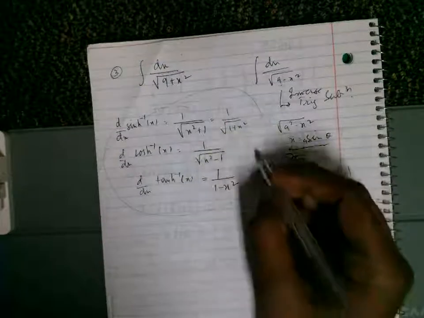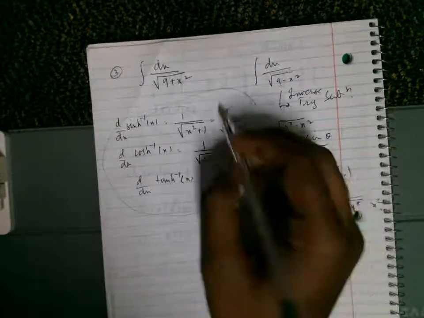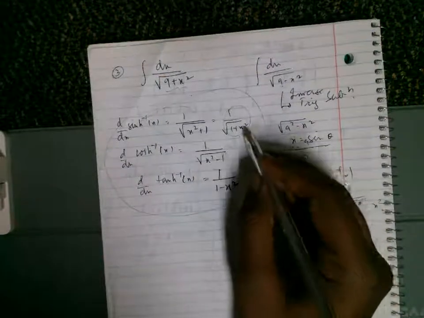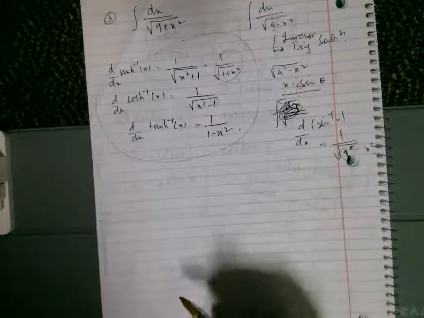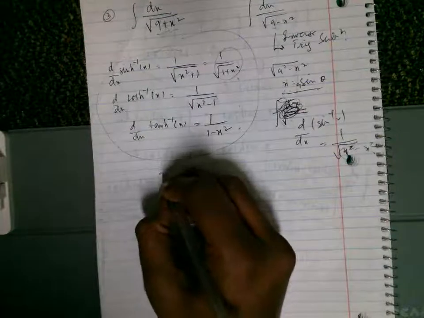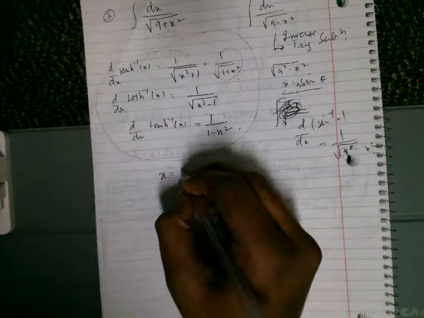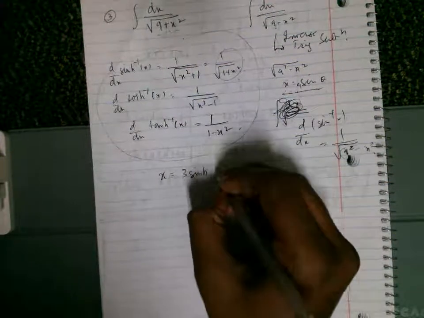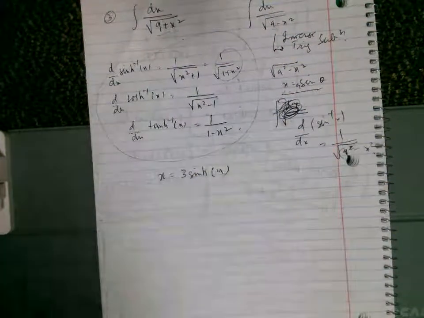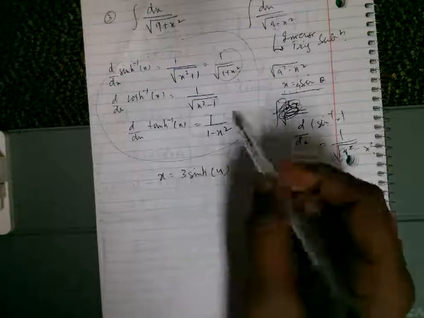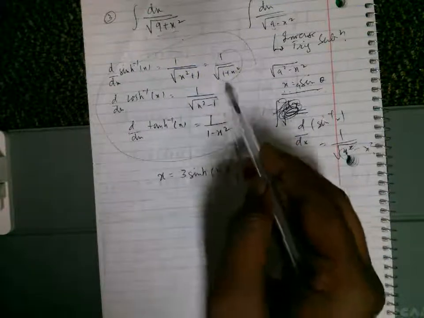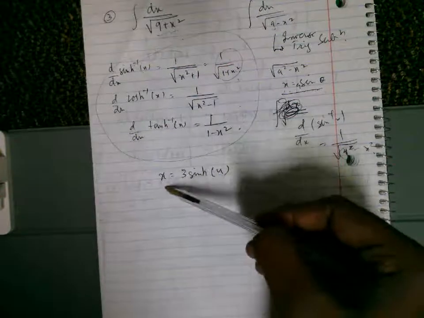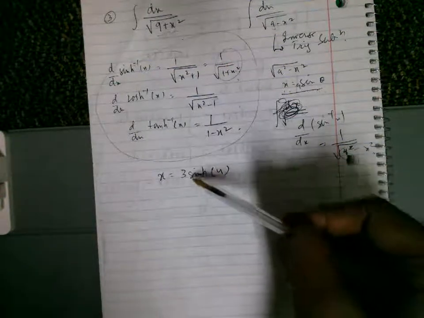These are the major substitutions that we need to use. As you can see from these formulas, the one that matches this integral is the derivative of sinh inverse, so we'll have to use x is equal to 3 sinh u. We want to use this substitution because we know the derivative of sinh inverse looks like this.